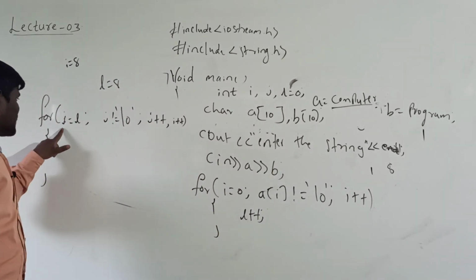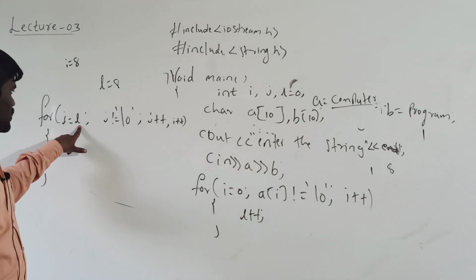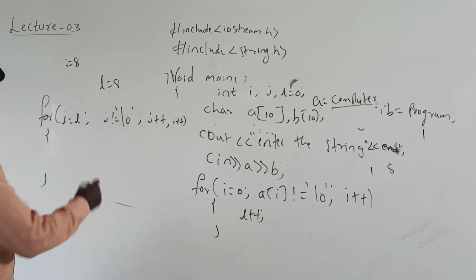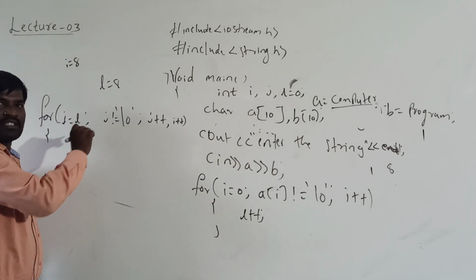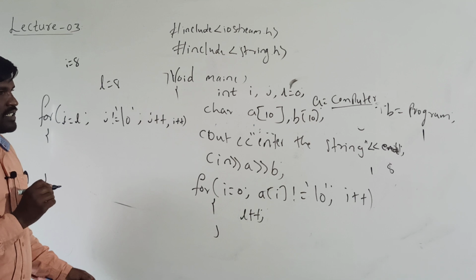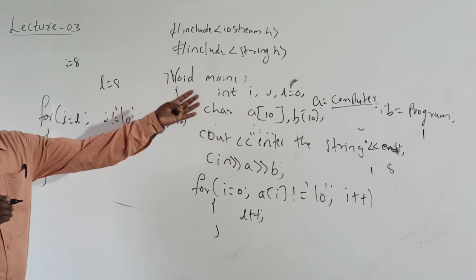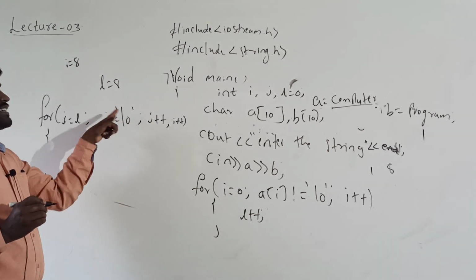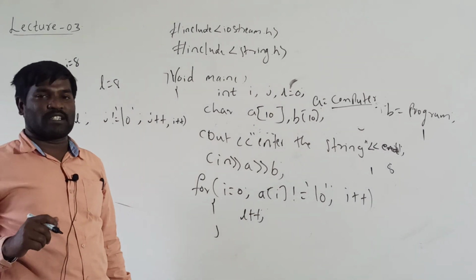See here, j = L, j of 8 is not present. It means that the null character is not equal to the null character, so again the condition becomes false.